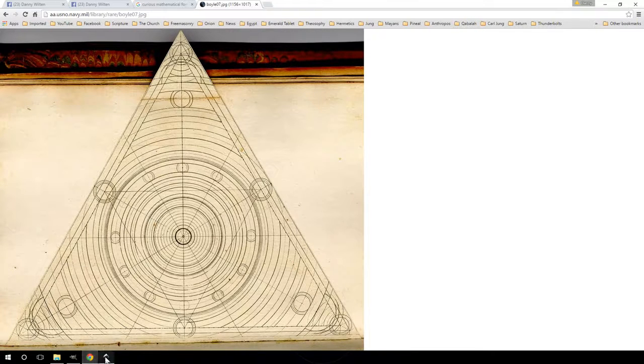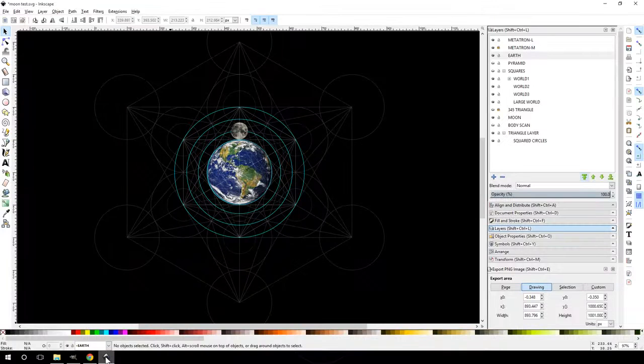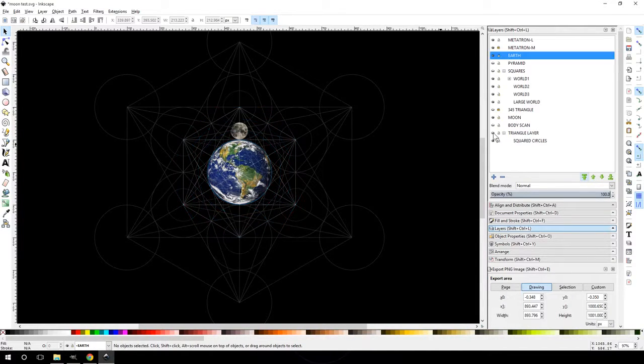What's interesting to keep in mind is, if you notice, these cubes are in layers, right? So if I take off this, and if I take off the Earth and the Moon, then we actually have two Metatron's cubes layered here. We have the large one, and we have this medium one right here, and you can see how they're embedded in each other.